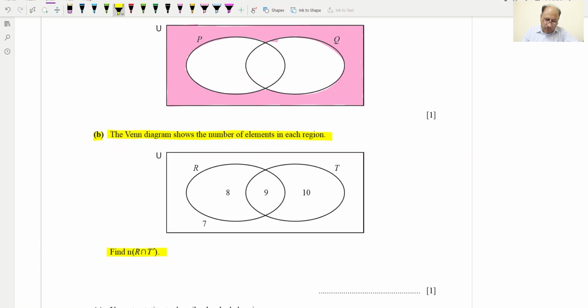Intersection of R, which is, first of all, I will take T complement. So T complement is whatever is not in T. Not in T is the outer portion, which is this all, not in T section. So now they are saying take the intersection of T complement with R.